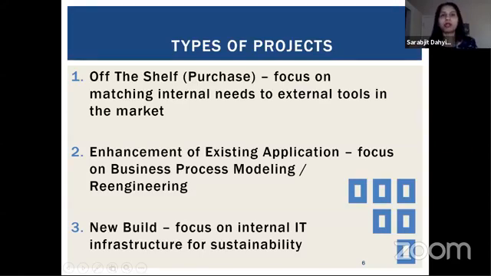So off the shelf means that you're purchasing a software or a service that already exists outside. So let's say, for example, Salesforce is a service that you would want to purchase. So if you're working on an off the shelf project, what you're going to be doing as a business analyst is you're going to be focusing on matching the internal needs to the external tools that are available in the market.